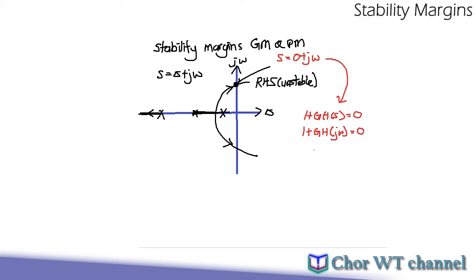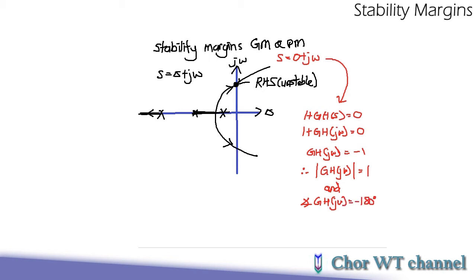At the boundary of stability, which means the stability margin, we will have G H of j omega equals minus 1. That implies that the magnitude of G H of j omega will be equal to 1, and the phase angle or the argument of G H of j omega will be equal to negative 180.